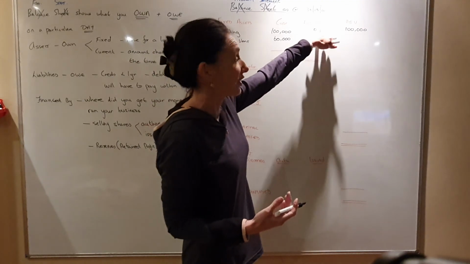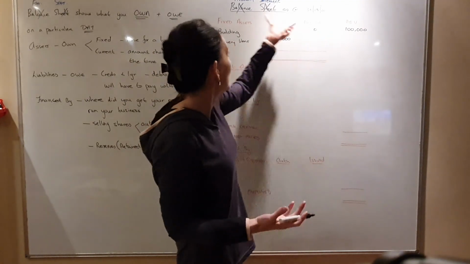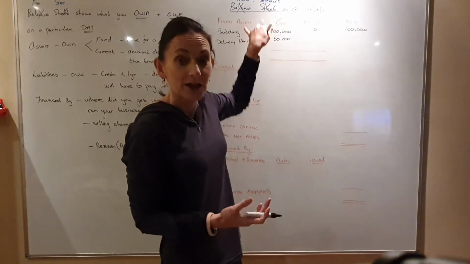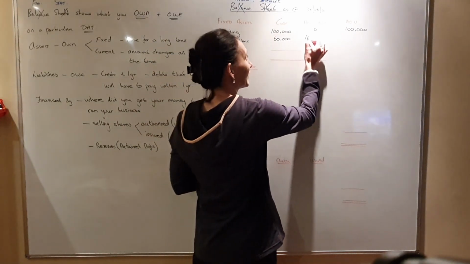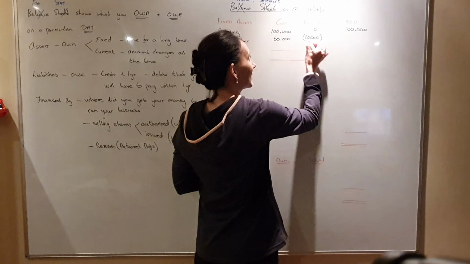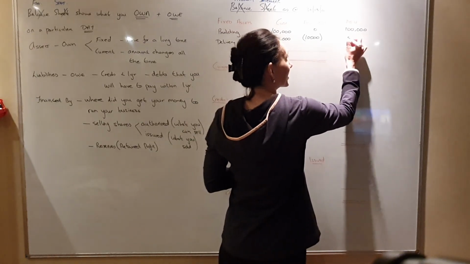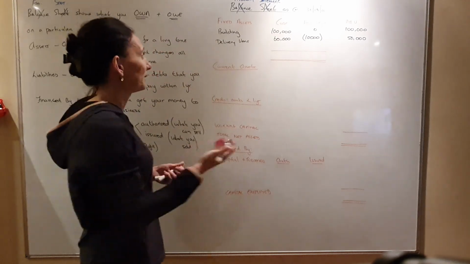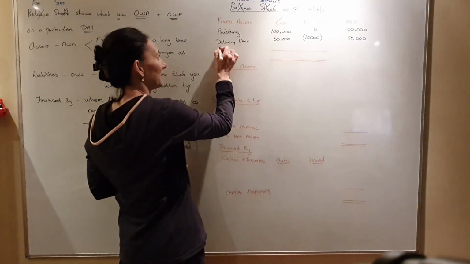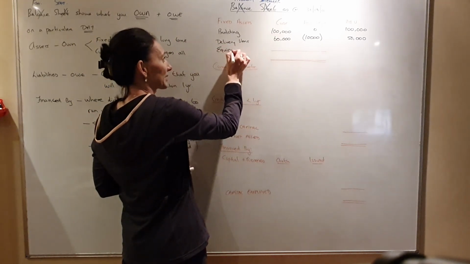So depreciation is the loss in value of a fixed asset because of time or wear and tear. I'm going to assume that these have lost 10,000, so what they're worth today is 50,000. And you might have different bits of equipment.